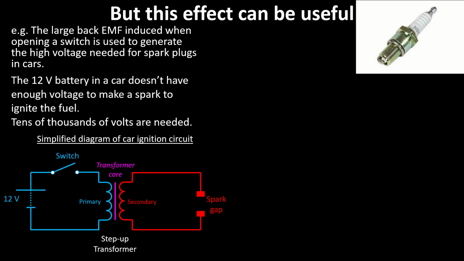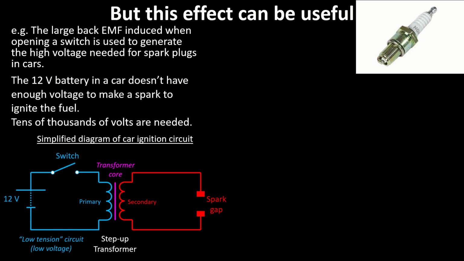So this is a simplified version of the car ignition circuit. There are two halves of the circuit connected by the transformer. You've got in blue there what's called the low tension circuit. In car phrasing, they call it low tension; physicists would just call it low voltage, powered by the 12-volt battery.